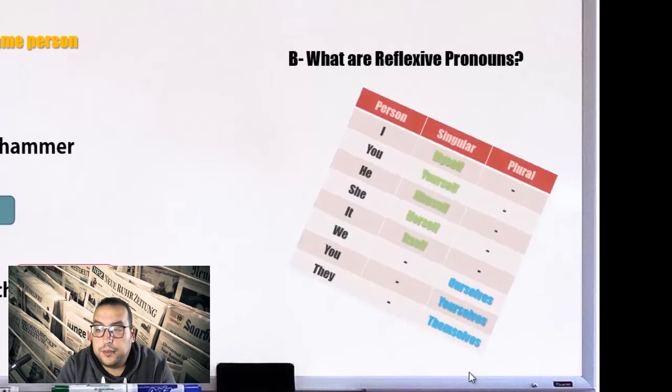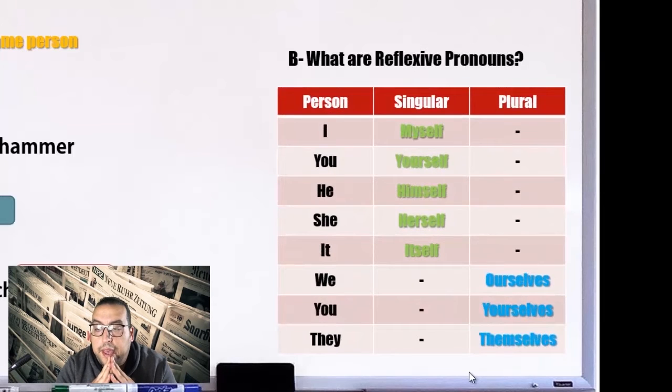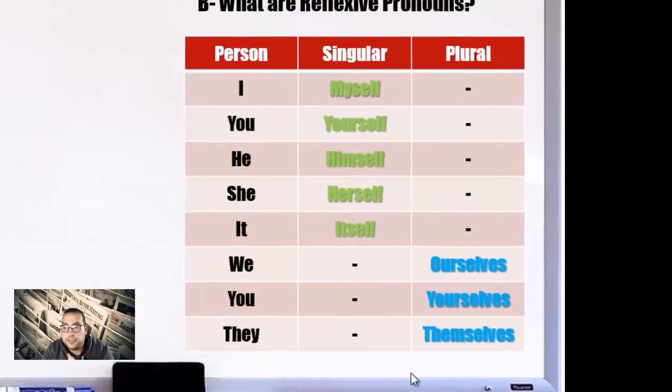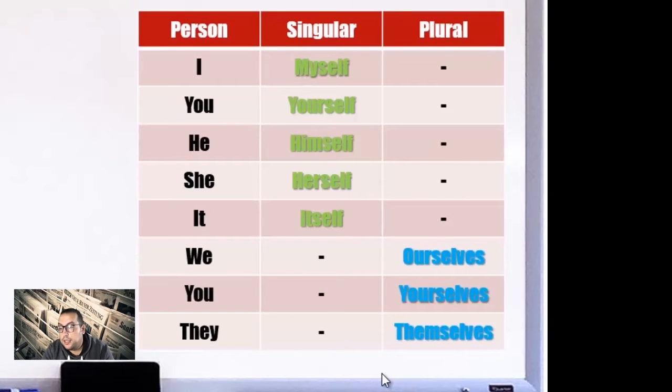Let's see the list. On the left we have personal pronouns from I to they, and we have singular and plural forms of reflexive pronouns. I, myself; you, yourself; he, himself; she, herself; it, itself. Now, when it is plural, like we, it becomes ourselves.